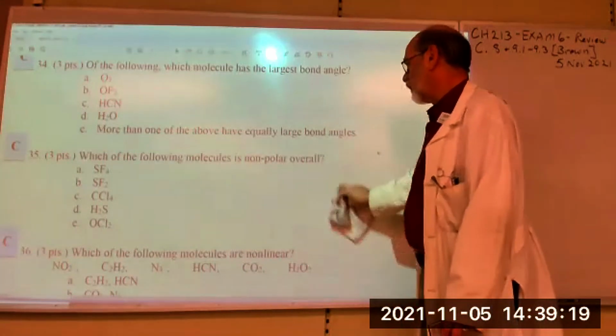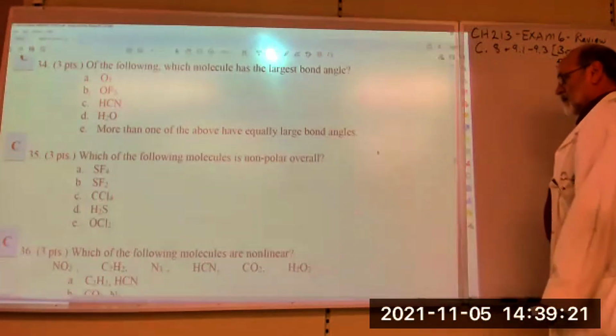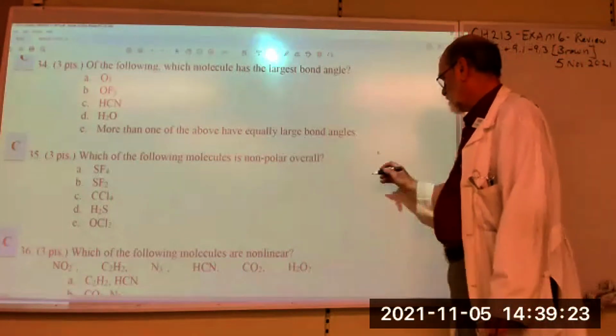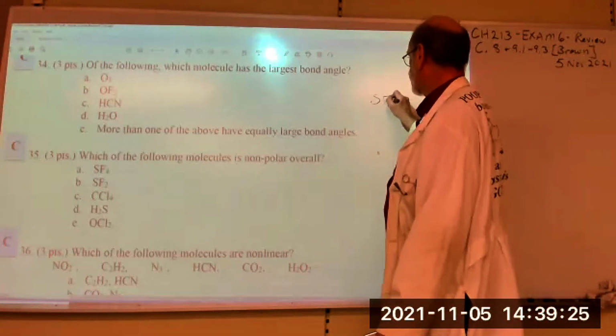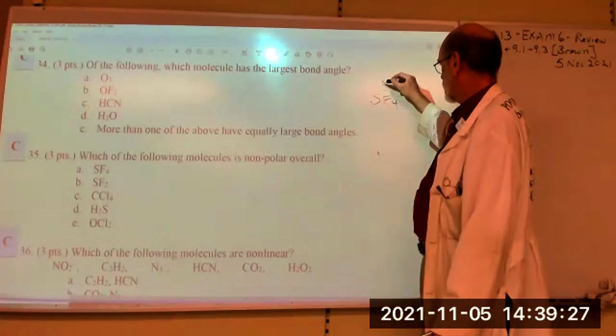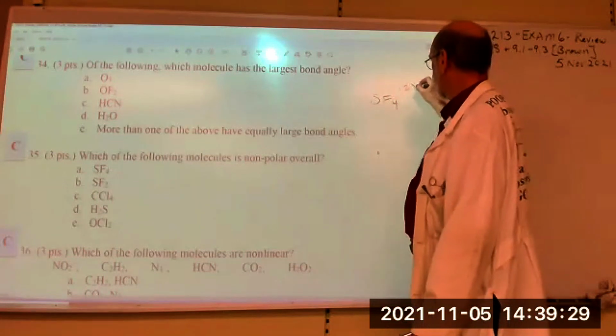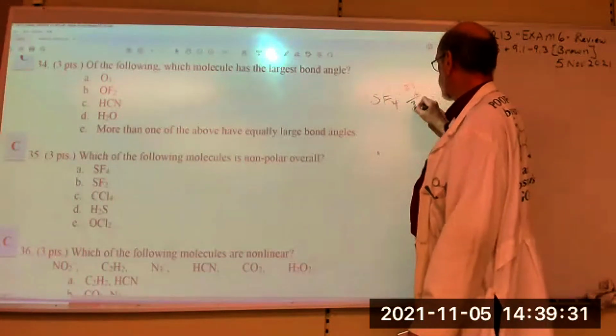How about SF4? So we got 7 each here, so that's 28, and 6 is 34.